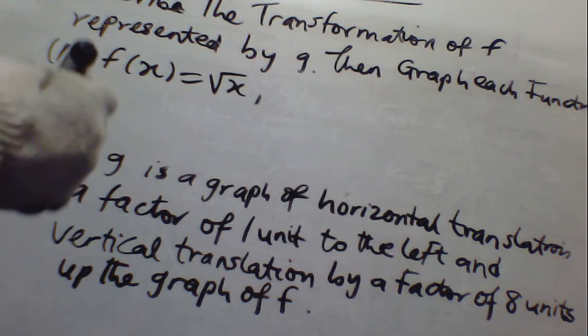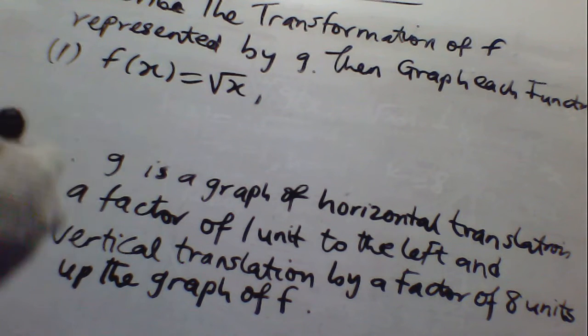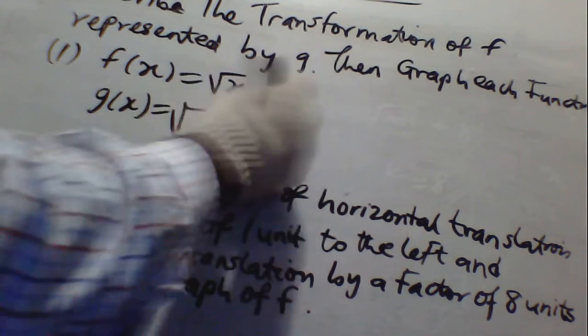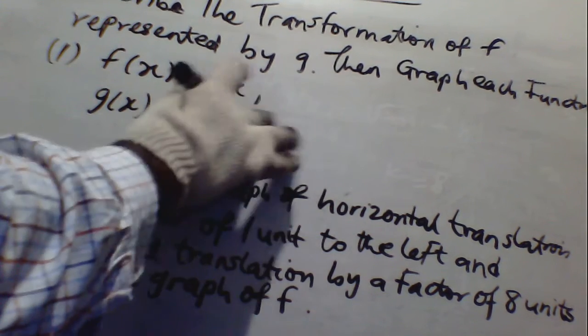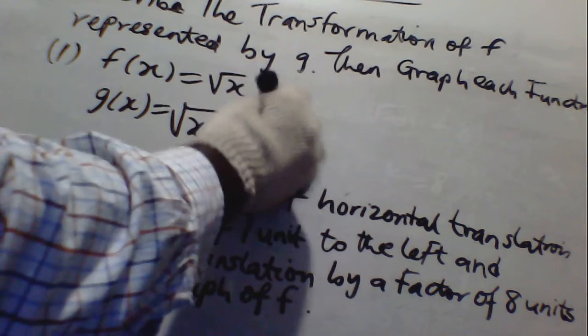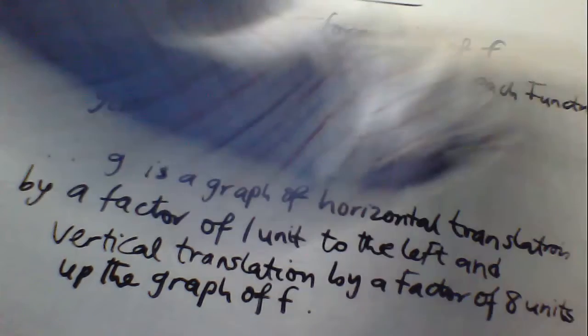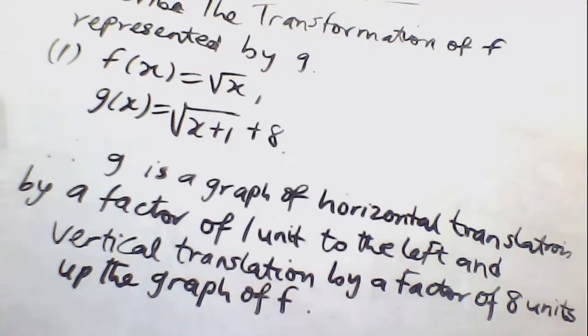Then we have g of x equals root of x plus 1, plus 8. So let me clean here. After graphing the graph, I return it. So let's graph it.